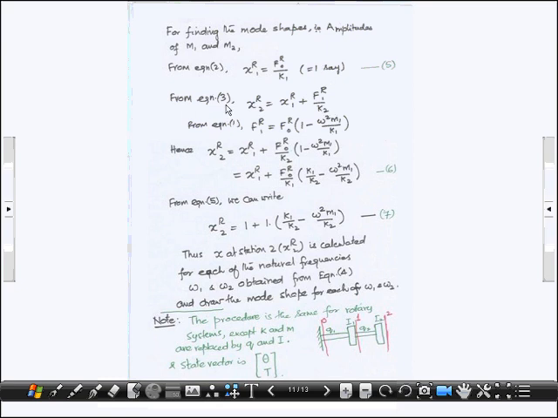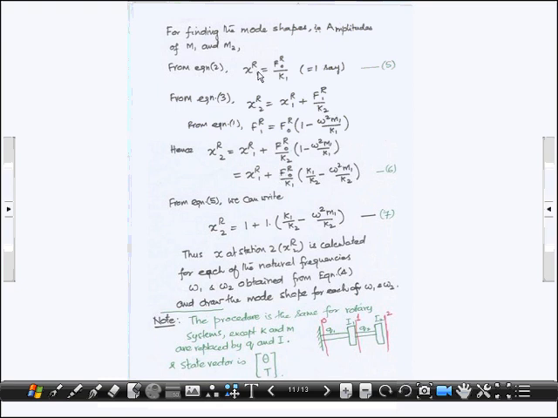Then from the previous equation 3, you will find that x_R2 is x_R1 plus F_R1 by K2. Again from equation 1, you would notice that F_R1 is equal to F_R0 into 1 minus omega square M1 by K1. Substituting F_R1 by this expression, you will find x_R2 to be x_R1 plus F_R0 by K2 and so on.